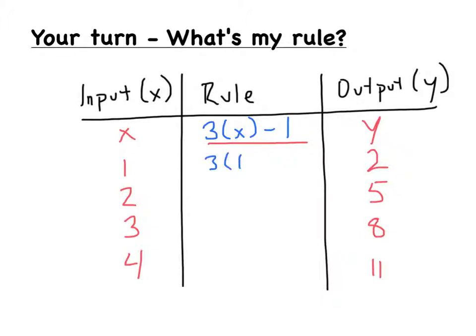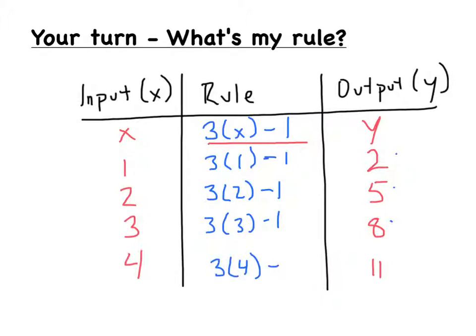So 3 times 1 minus 1 equals 2. 3 times 2 is 6, minus 1 equals 5. 3 times 3 is 9, minus 1, that's how you get 8. 3 times 4 is 12, minus 1, that's how you get 11.